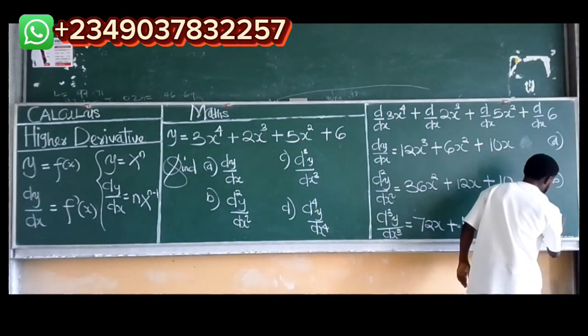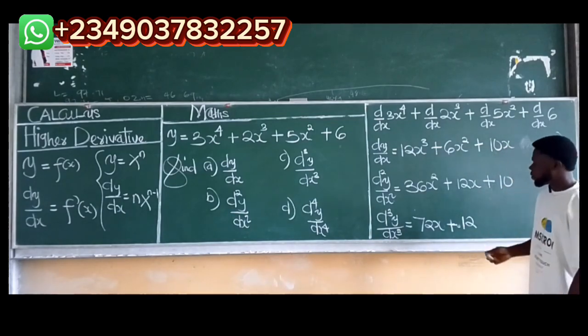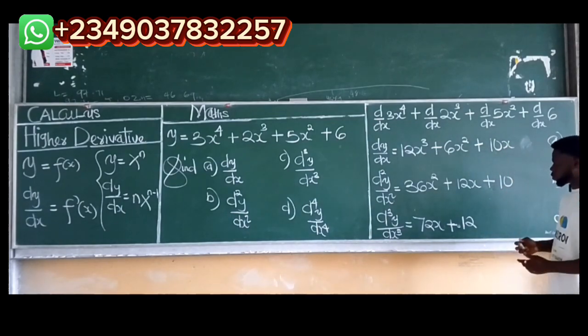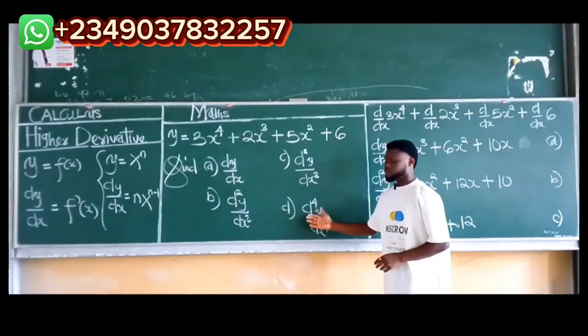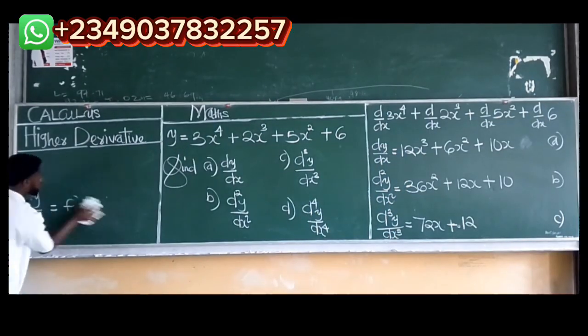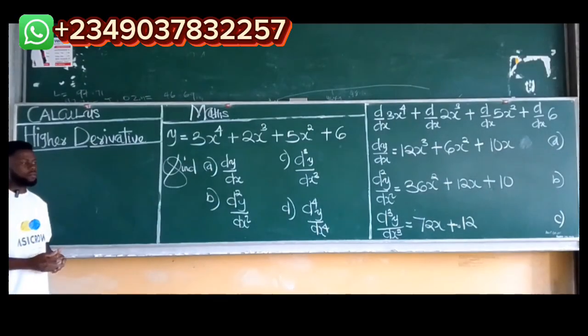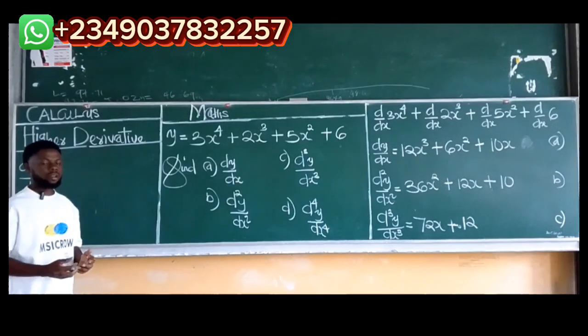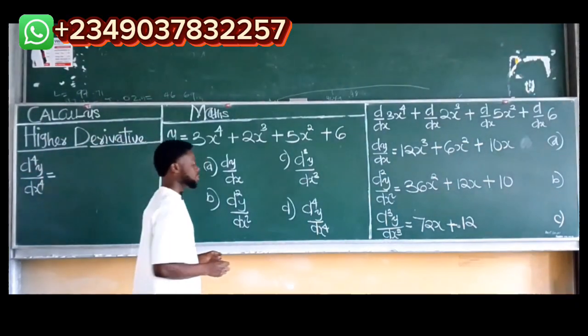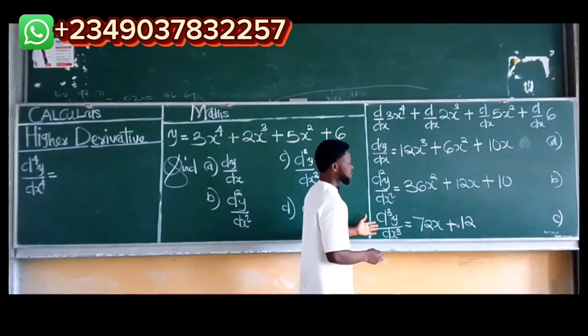So from C, we obtain 72x plus 12. Now, how do we obtain the result for the fourth derivative? The fourth derivative becomes d⁴y over dx⁴, which is equal to, and to obtain the final result, we are going to find the derivative of the third derivative.